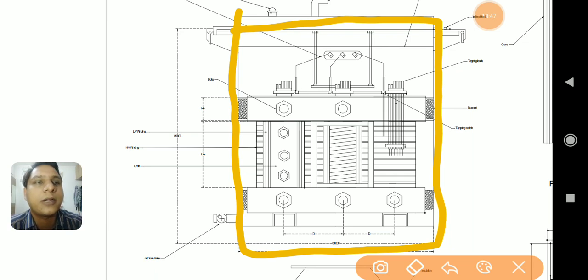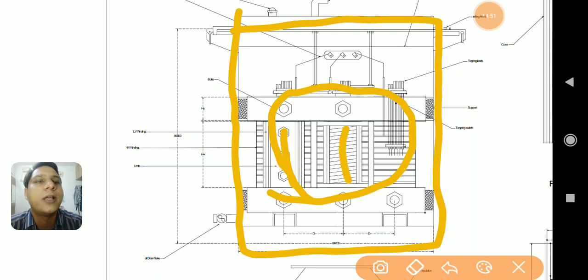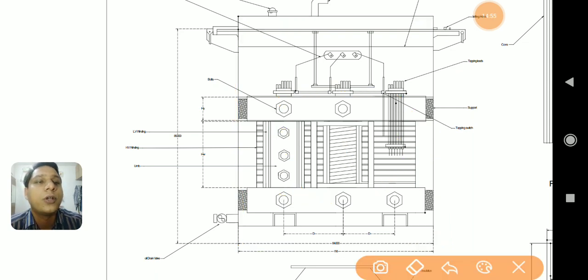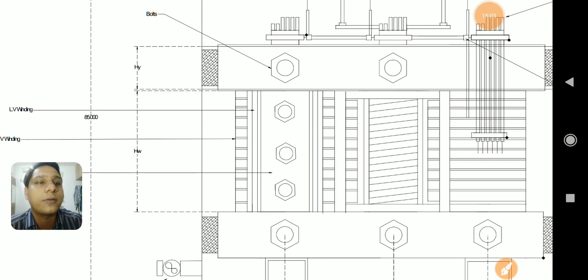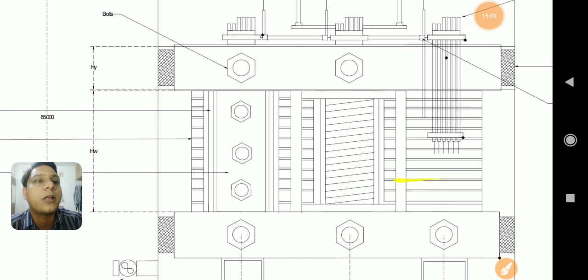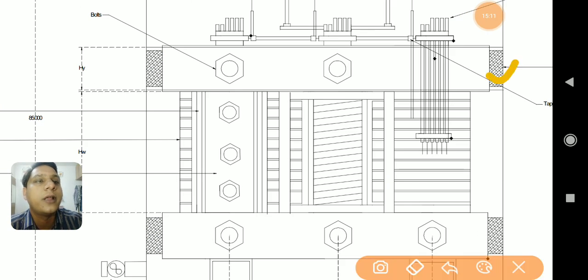This part, as I rightly said, is representing the frame, where there are two yokes and three limbs. Then to fix the yoke in the transformer tank, we have used 4 different shapes. Those you can easily identify on the diagram. This is number 1, 2, and 2 more are present on the other hand, that is number 3 and 4.